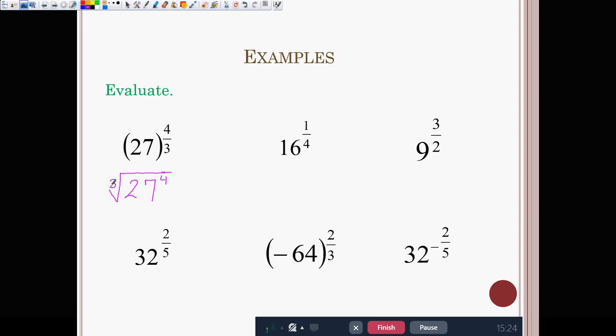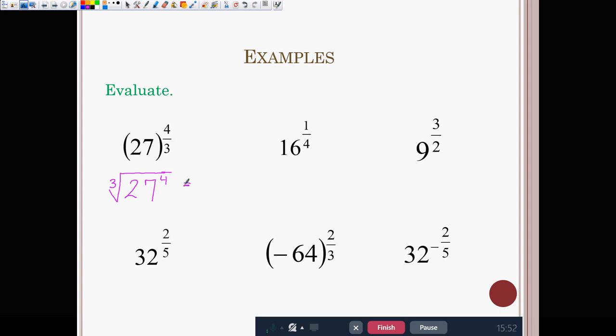Okay, so when we evaluate this, we can do this two ways. I can either take 27 and raise it to the 4th power first, or I can cube root 27 and then raise it to the 4th power. Okay, you can do either way. So let's find the cubed root of 27 first. Okay, so if we take 27, type it in your calculator, and then hit the second button, hit y-axis, and then hit 3.